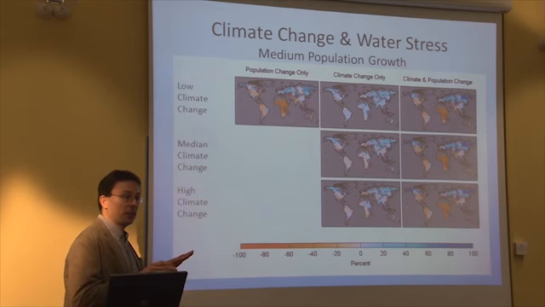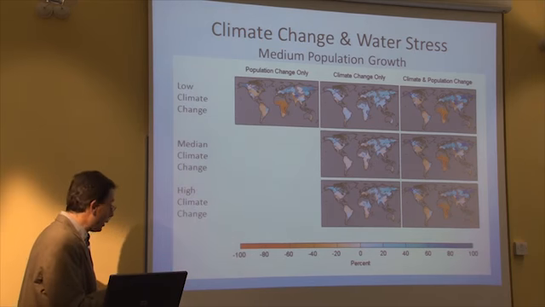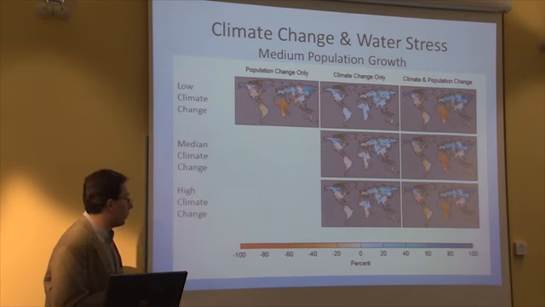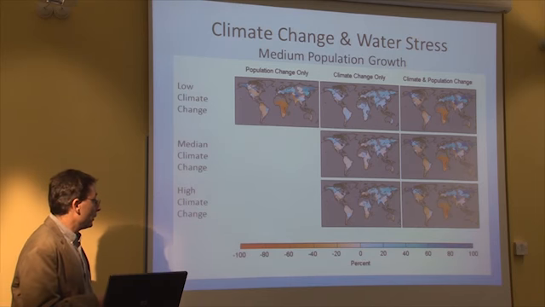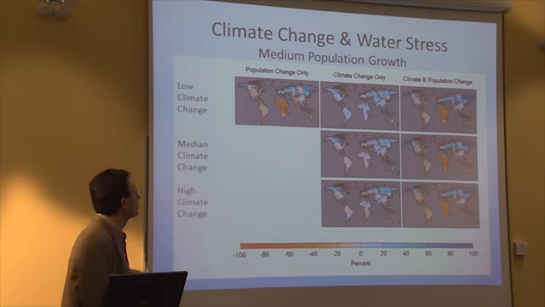So we can actually separate out the relative importance of these different factors. Everywhere that's, with this particular index, everywhere that's orange is actually an increase in scarcity. So it's a decrease in the availability of water.